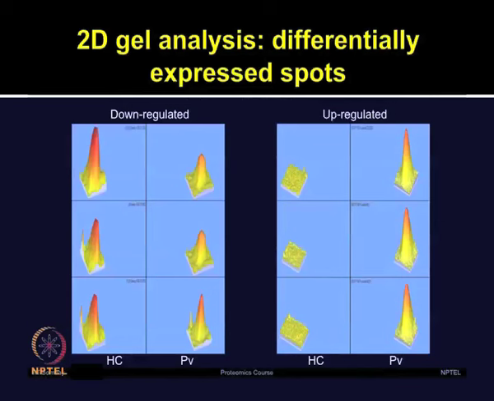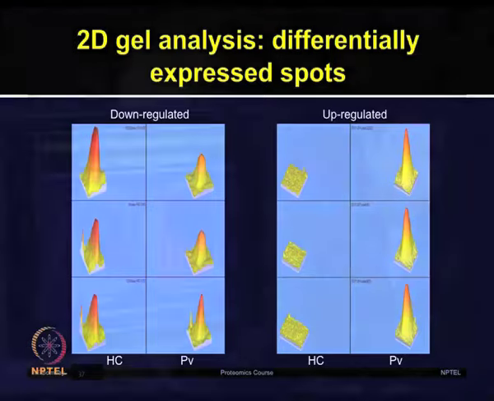Now, those spots which we found were showing good differential expression, we looked at the 3-dimensional views of those spots to ensure that those are not artifacts and those are the real spots showing up or down regulation of these proteins in human serum.